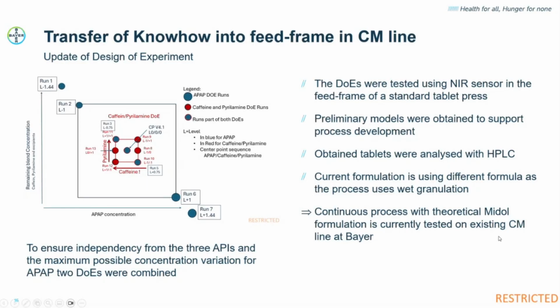So it was really helpful to have already an existing model which at least shows you tendencies, whether you're improving or your process gets worse. So the continuous process with the theoretical Meike formulation is currently tested on the existing continuous manufacturing line at Bayer.